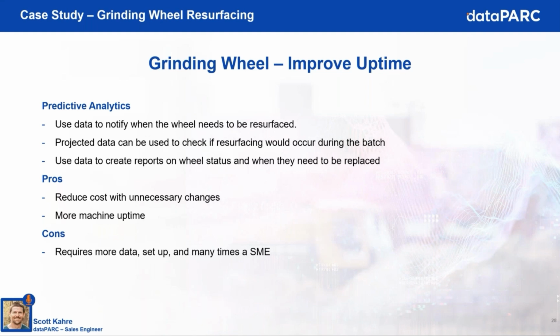The pros to this are you're going to reduce cost because you're not going to be changing out the grinding wheels as often. You're not going to be spending labor hours resurfacing them when it's not needed. And you're also going to have more reliable operation because you won't have the downtime failures or the quality failures due to grinding wheels that are not being maintained properly.